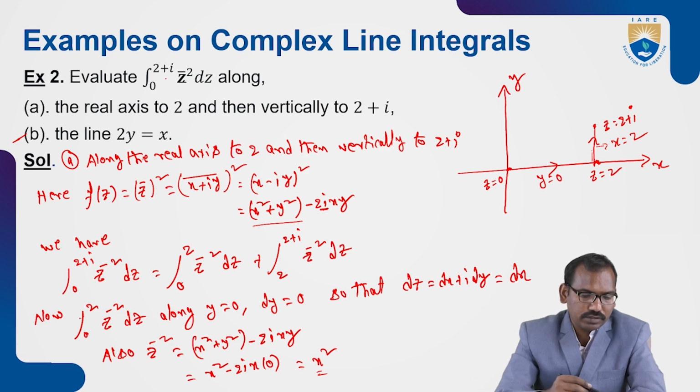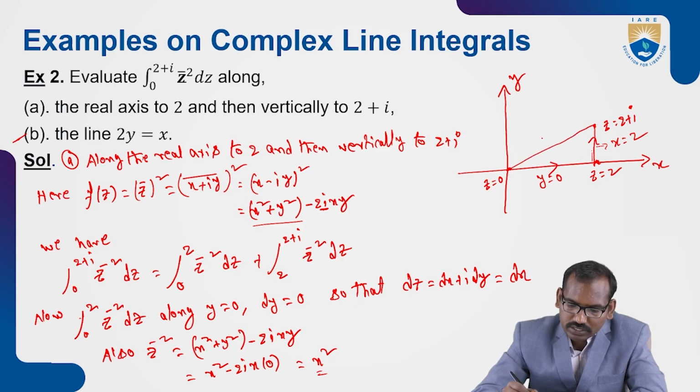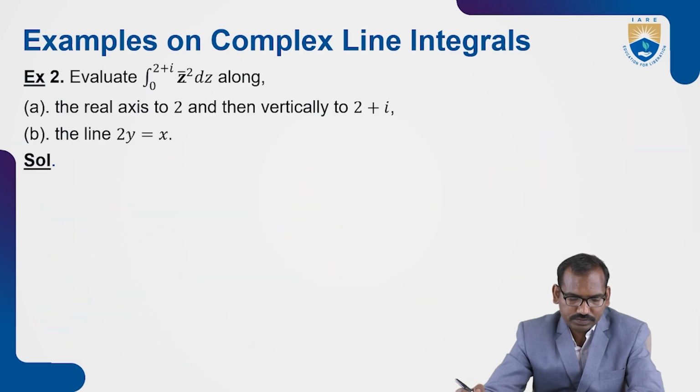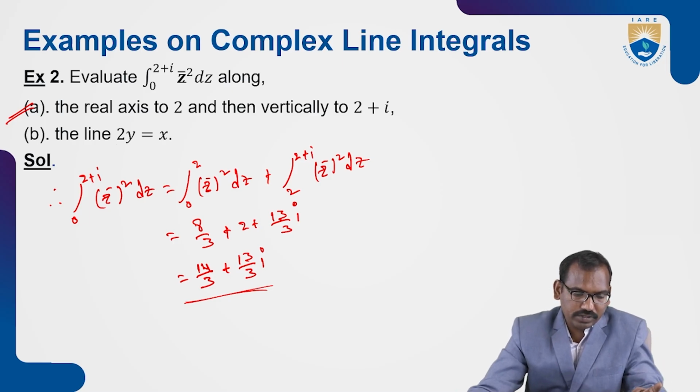We also know 2 points on this path, and x is equal to 2y. This is the x is equal to 2y path. So now it is very clear we are performing along this direction. This is the starting point and this is the ending point.